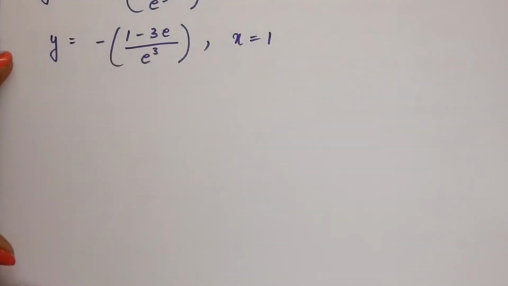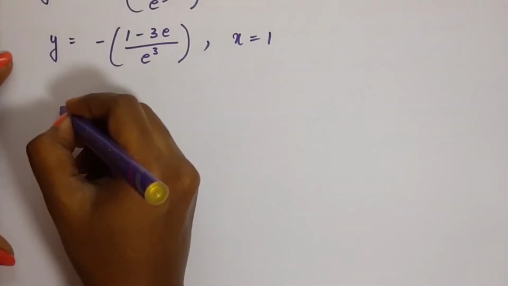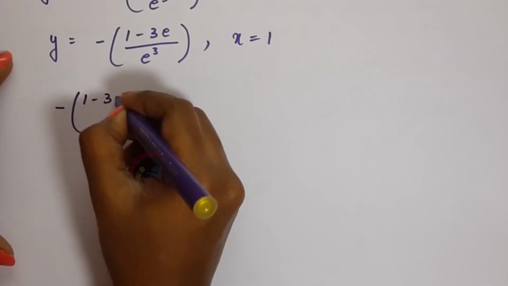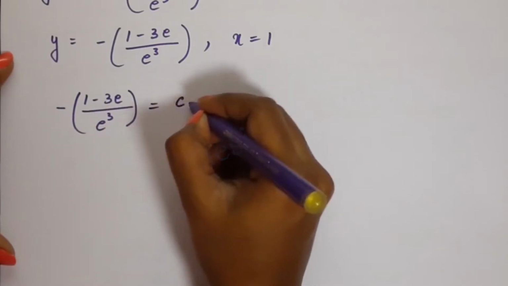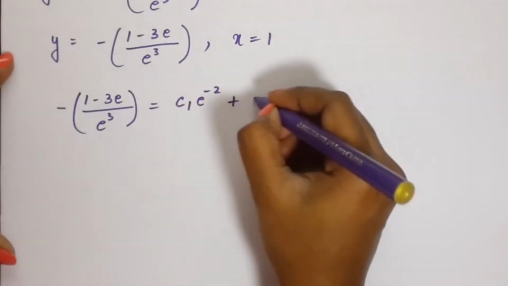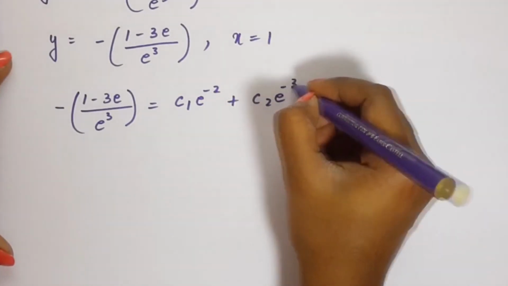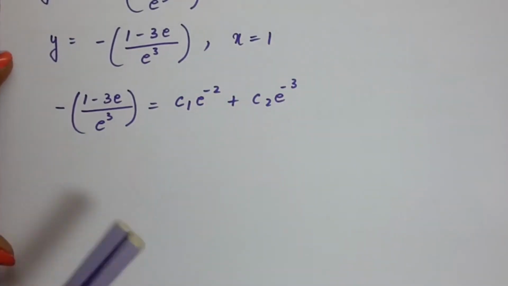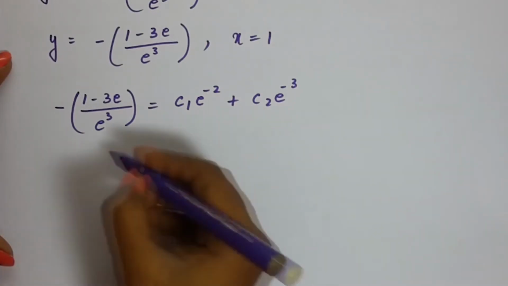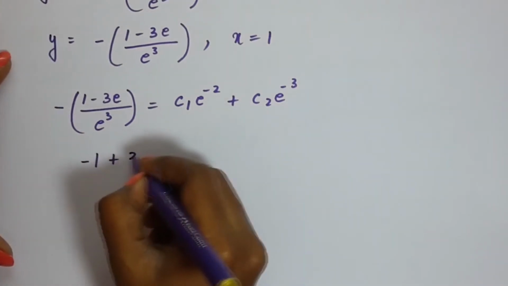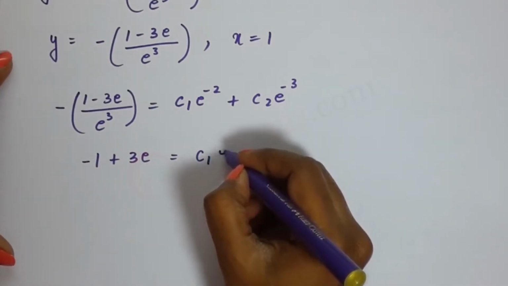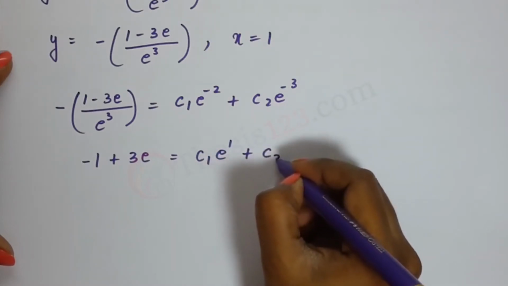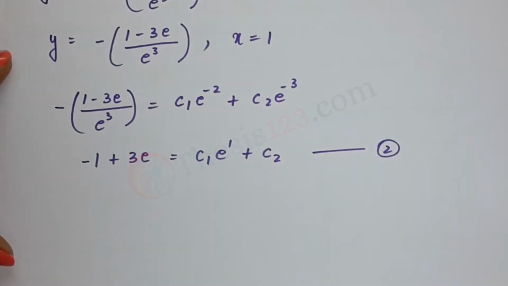If you substitute both these values into the general solution, we obtain (-1 - 3e)/e³ = c1 e^(-2) + c2 e^(-3). Now solving this, we will obtain another equation, -1 - 3e = c1 e + c2. Let's call this equation 2.